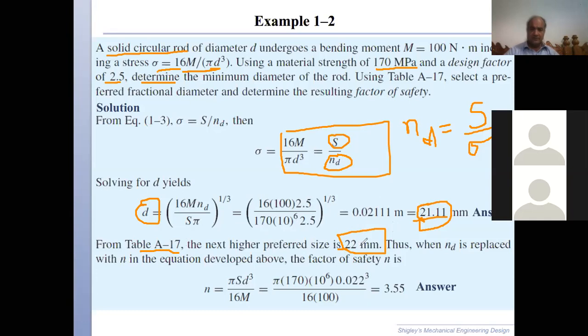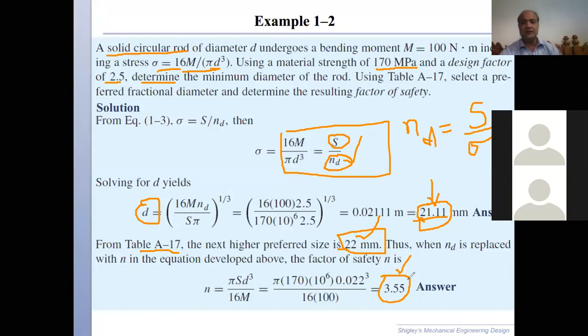And suppose this value 21.89 came to us, we would round it to 21.9. That is also a chance. Anyways, instead of 21.11, we will use the value 22 for the diameter of the shaft that we calculated. If we recalculate this design factor, it is going to enhance from 2.5 to some other value, because we used a larger diameter, and that comes out to be 3.55.